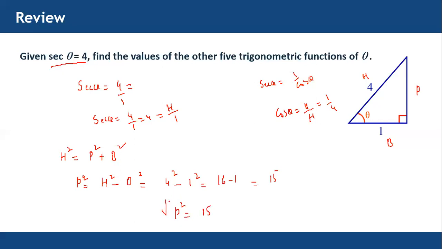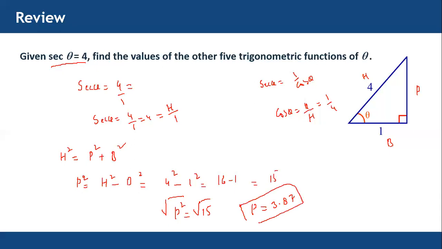So taking root on both sides, perpendicular is equal to the square root of 15, which is 3.87.